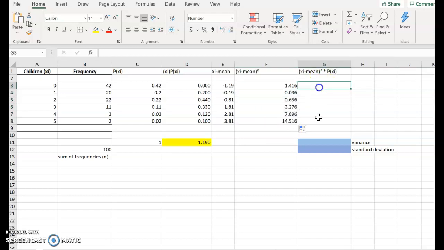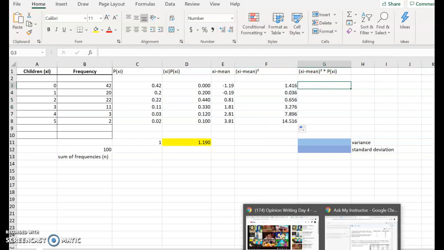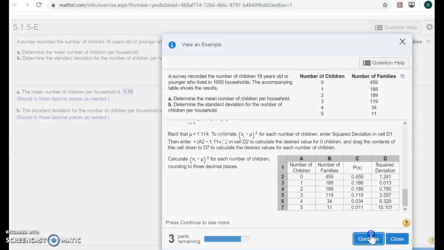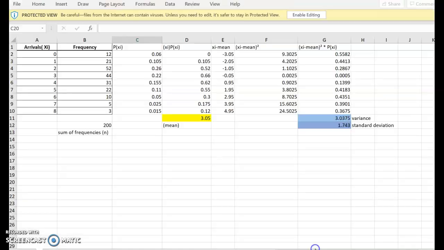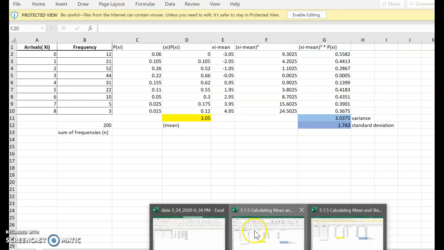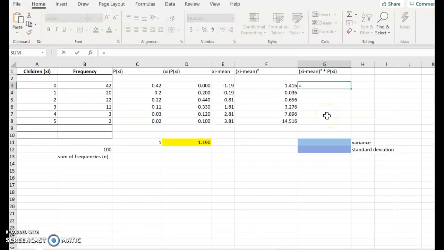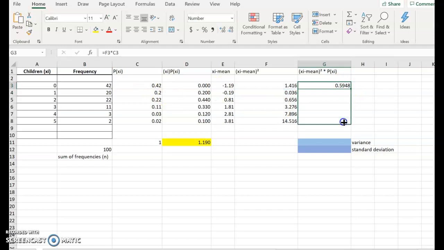And then almost the last step is we're going to multiply that by the probability. Notice that we keep going back to that. We're always multiplying by the probability. So we take what we got and multiply it by our probability, which is right here, our P of X of I. Copy it down.